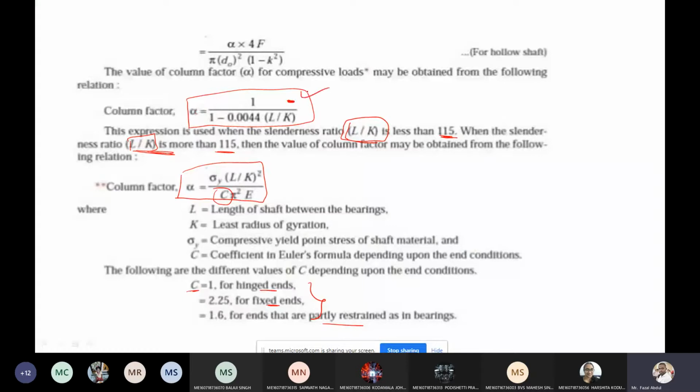We select this equation when the L by K ratio is less than 115. When the L by K ratio exceeds 115, we take the other equation.